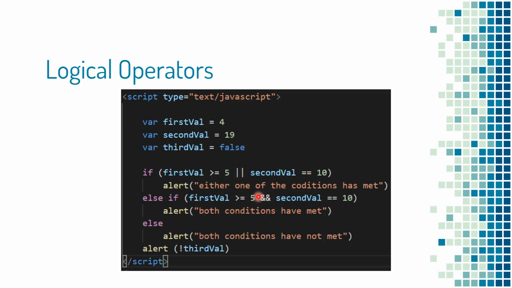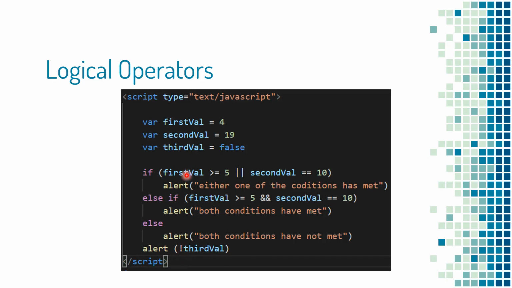When you are working with AND, that means you have to have all these evaluations true. So this one should be true and this one should be true to be able to perform this operation. The last type of logical operator is the negation, or the opposite of the current value.